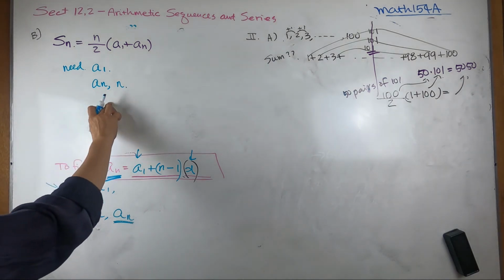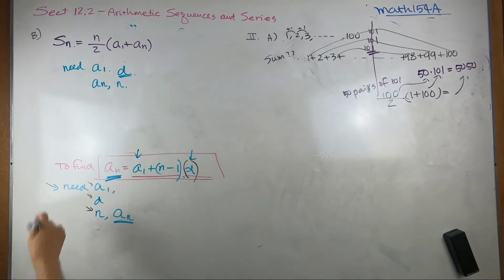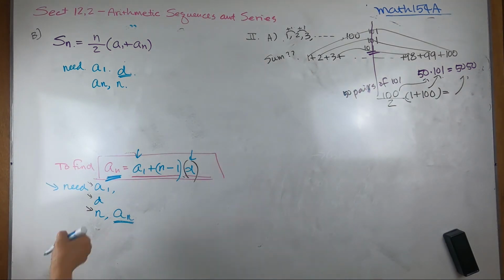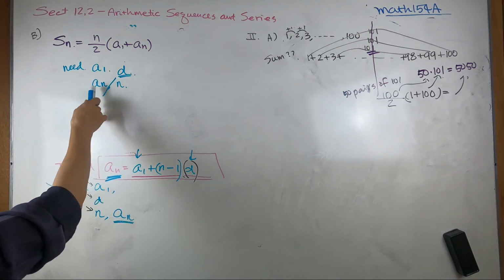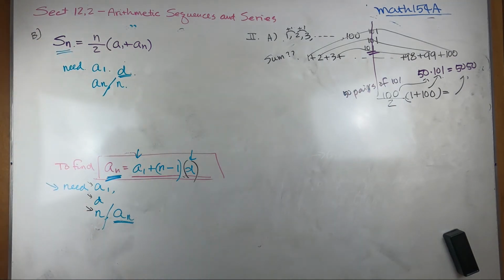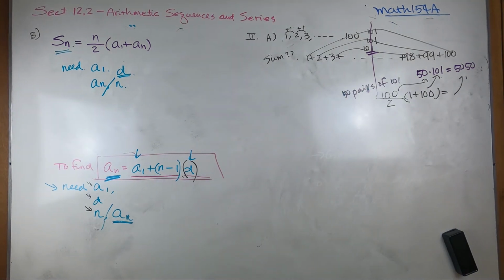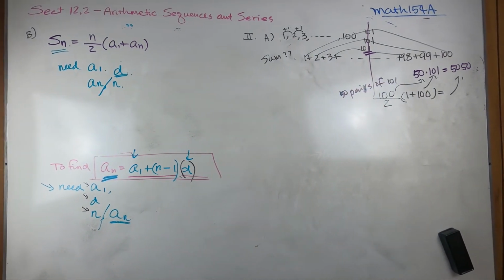If you have an. Otherwise, we need d to find the an this way. So in general, we need a1 and d and an to get our Sn. Is that right?